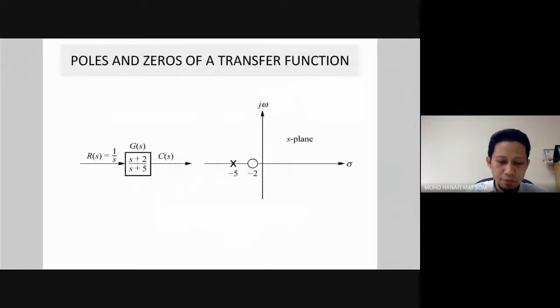The first one is to identify poles and zeros of the transfer function. Previously I have shown a few examples of the transfer function. You can identify the numerator and denominator. This is the numerator, and this is the denominator.